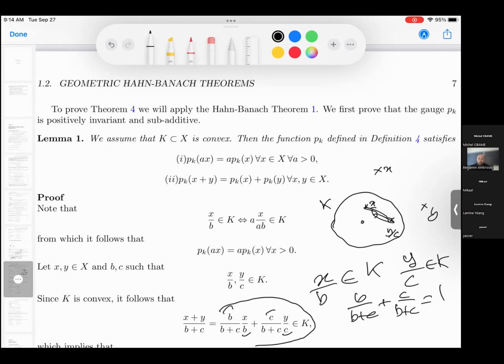Okay, so now since this belongs to K, you deduce that Pk of X plus Y is less than B plus C, right? By definition of the gauge.